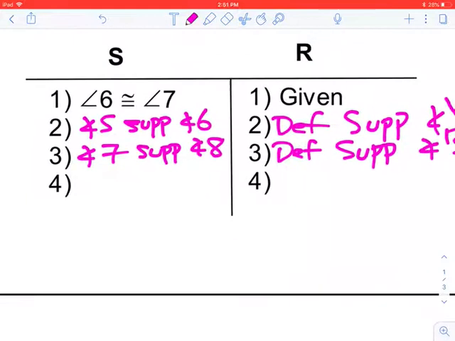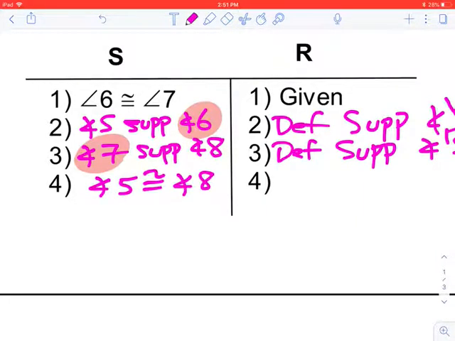Now, if 6 and 7 are congruent and 5 and 8 are supplementary to those angles, then angle 5 and angle 8 have to be congruent as well, because they're supplements of congruent angles, and therefore they are congruent.